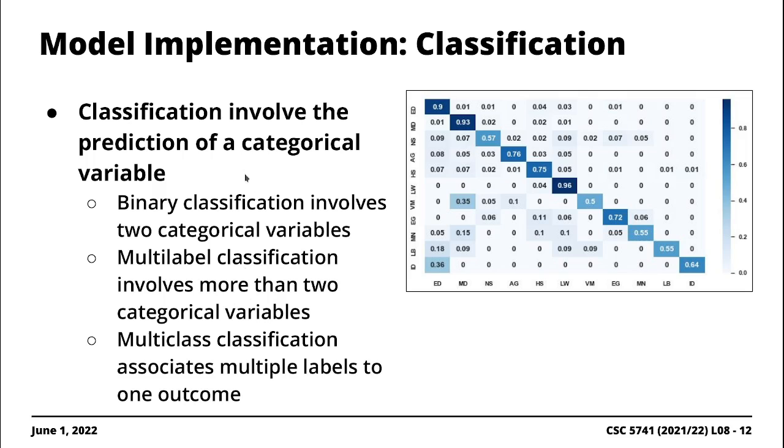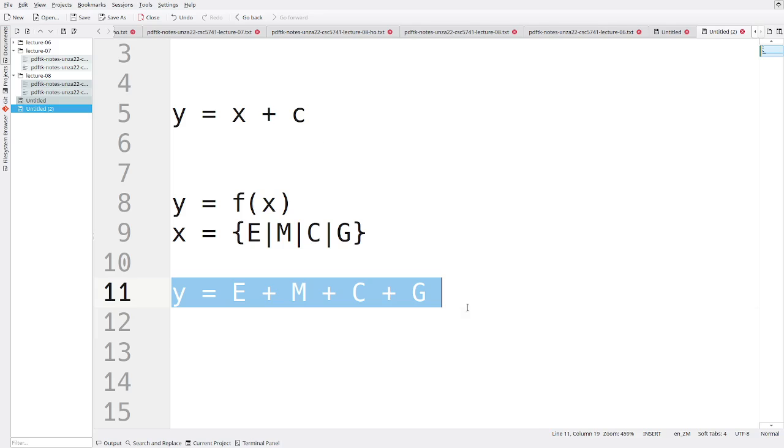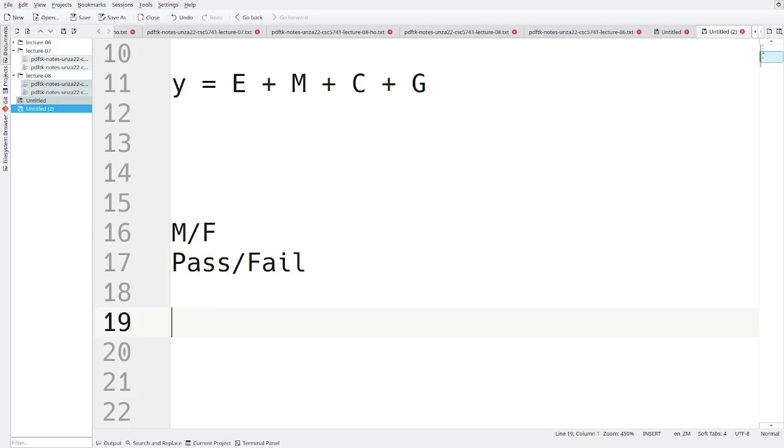There happen to be different variations of classification. If you think about these categories we're predicting from the perspective of the different attributes we discussed last time, we can have dichotomous attributes like male versus female, pass, fail, or you can have more than two categories.